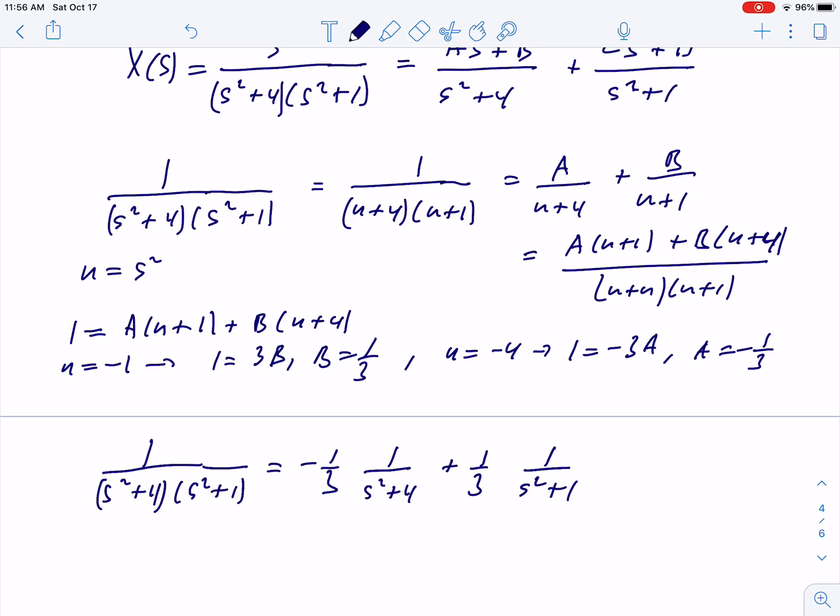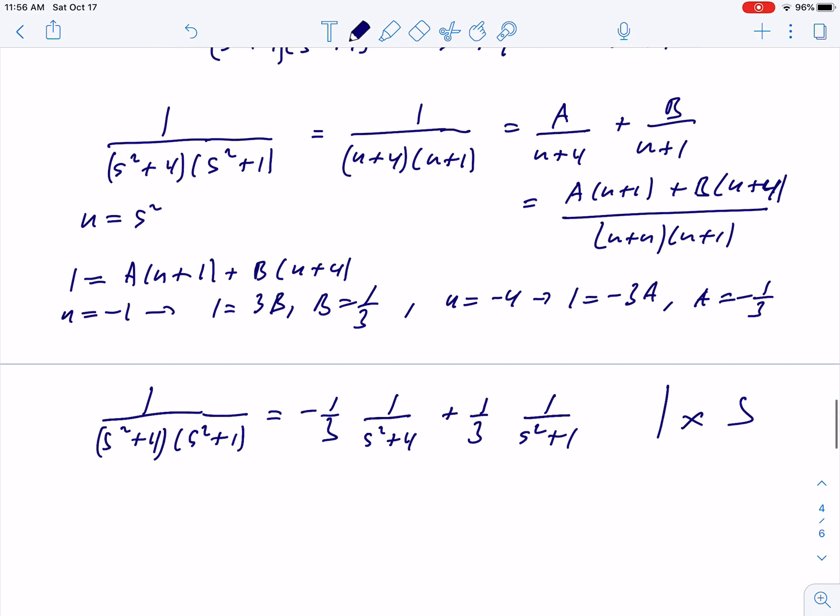Now, if we multiply throughout by s, we shall come to the big X. So the big X now is written -1/3 s over s squared plus 4 plus 1/3 s over s squared plus 1.